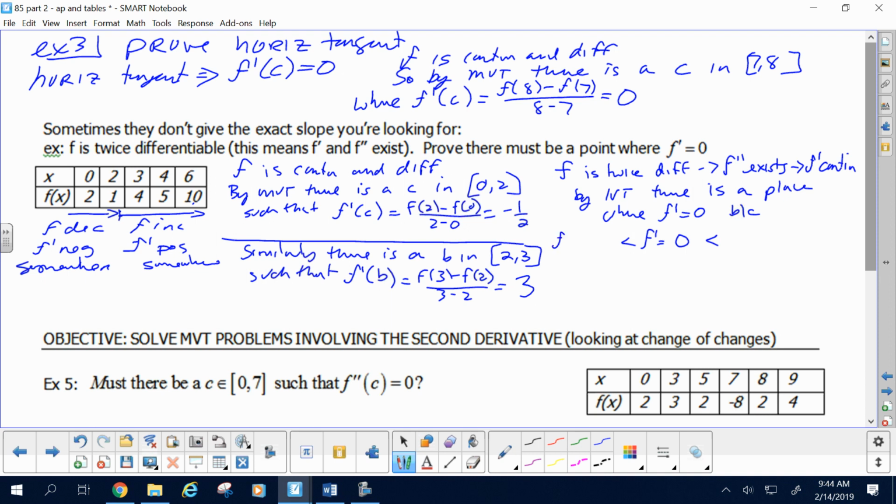Yeah, f prime at C, which is negative a half, and f prime at B, which is 3. If you just said because negative, you would be okay here. I feel like the previous one's better, but the betweenness is what you have. Are you with me? All right.